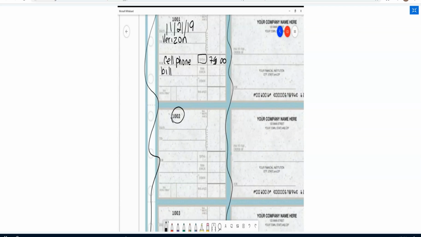So this check is for $45.90. Nothing else is happening, so there's no other. So our balance is going to be $750 minus $45.90.